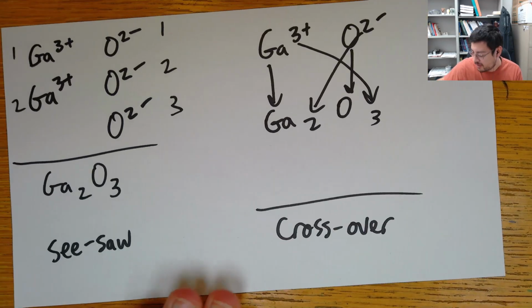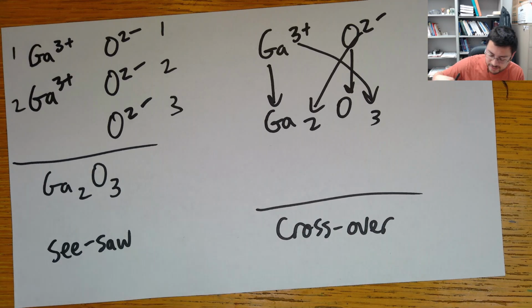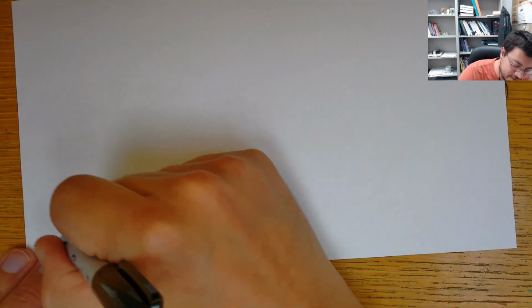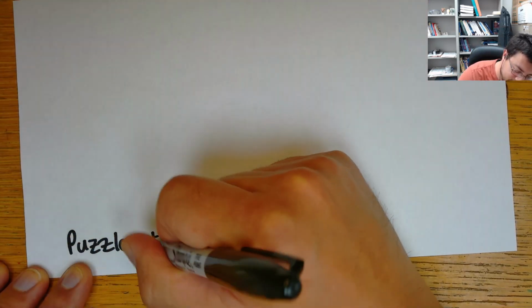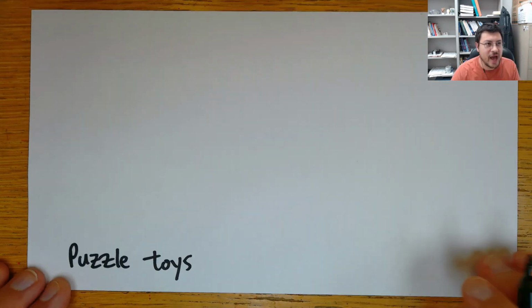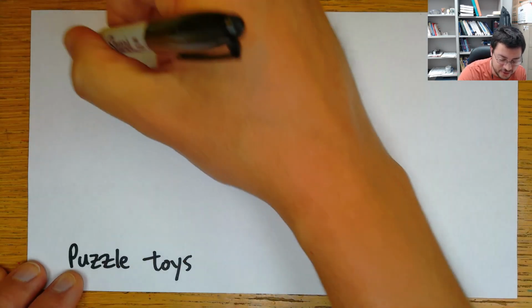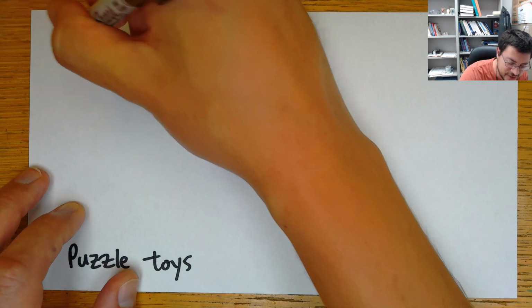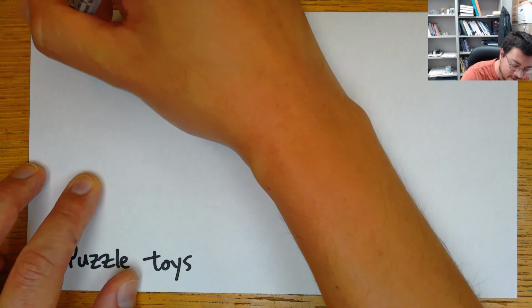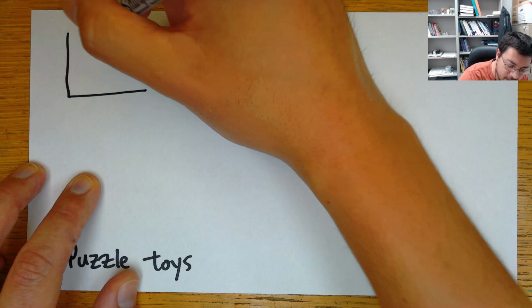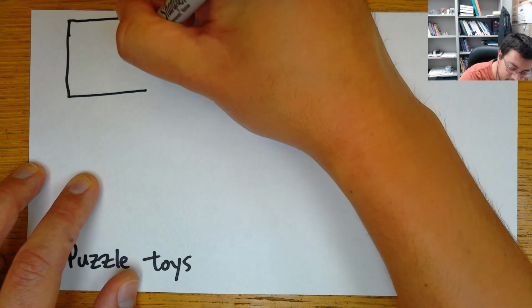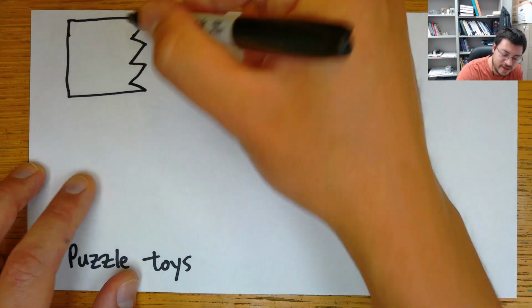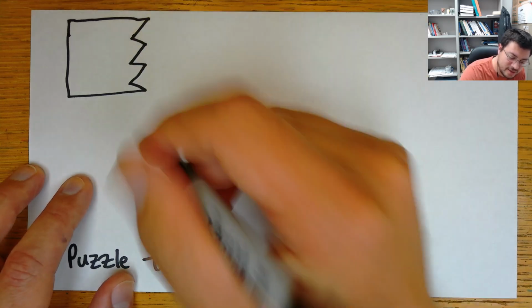Ga2O3. Okay. There used to be these old toys that existed. This is like the jigsaw puzzle method. Puzzle toys. I don't own one myself, but using gallium and oxygen, the toy would have 3 in-pointing teeth.